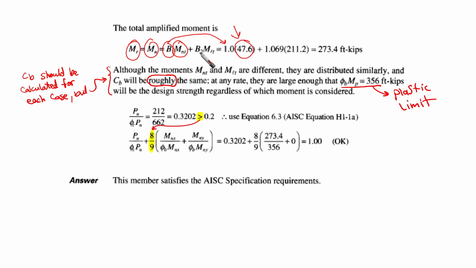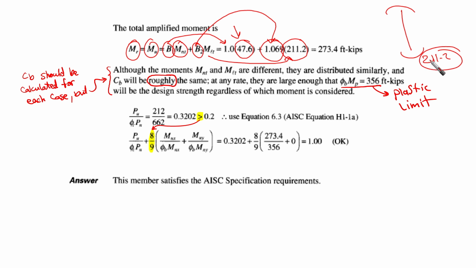The issue is in B2, it is going to be exactly 1.069, then multiplied by MLT, which is 211.2. This is coming from the wind. Do you remember the wind? We have the wind case 200.2. We're talking about moment. B1 and B2 are used as amplifiers for moments mainly. Even for axial load, we said that B2 is going to be used, but it is negligible as we mentioned before.